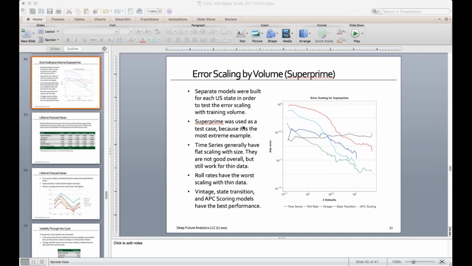Whereas that time series model only has a few parameters no matter how big the state is, and it can be robust. So the takeaway from this is that if you have a small portfolio, let's say a commercial real estate portfolio with a very low default rate, or pick your portfolio, if it's a small portfolio with a small number of defaults, you have justification for just using a time series model, even though for more data that wouldn't be the preferred approach.